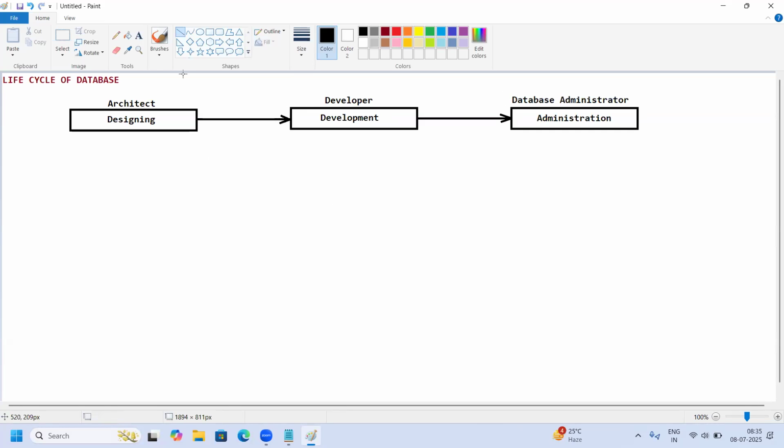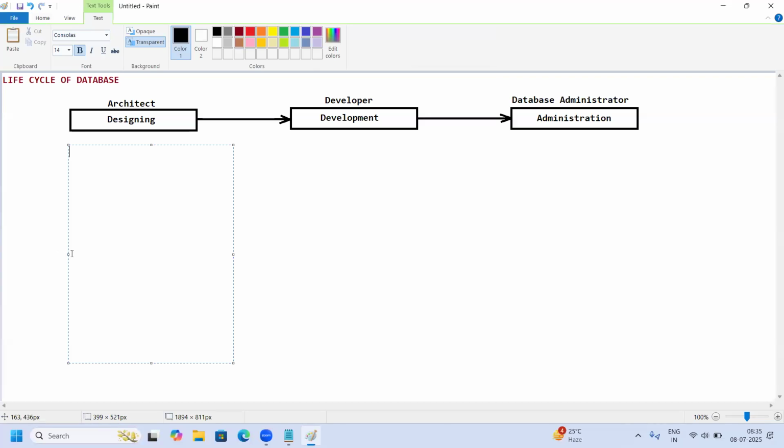Especially in designing, there are some responsibilities for an architect. I'll give you an example.